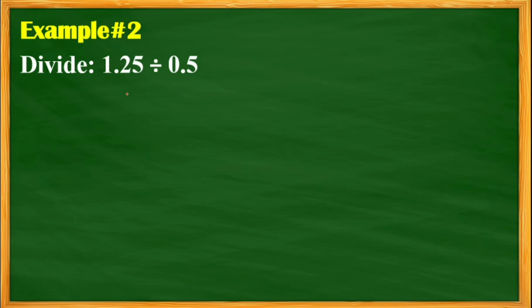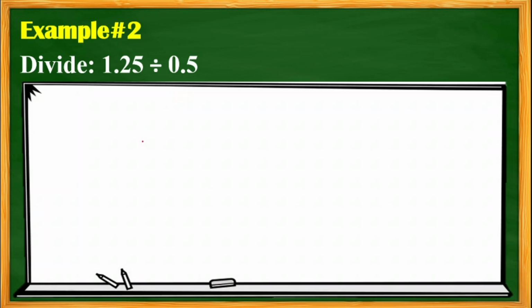Another example: 1 and 25 hundredths divided by 5 tenths. Again, use this whiteboard to visualize our solution. Write the problem, 1 and 25 hundredths, inside the long division bar, and outside the long division bar is 5 tenths.